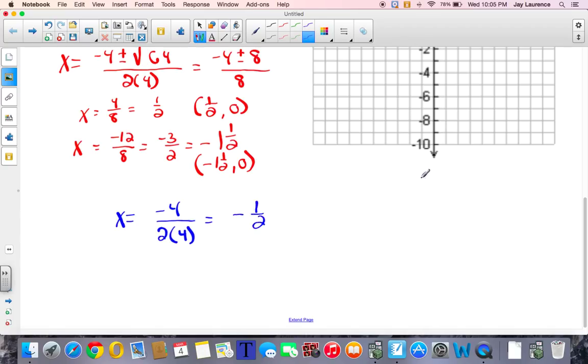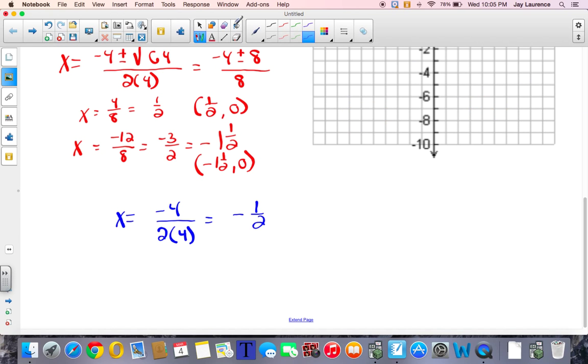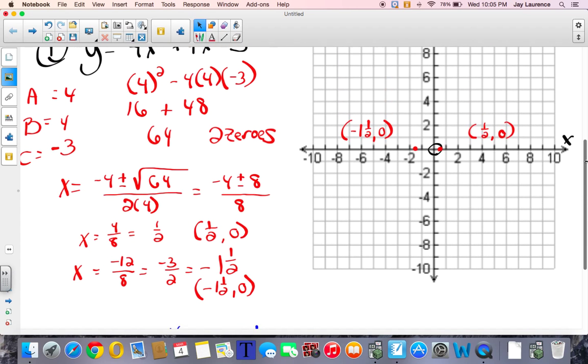Yeah. Prove it to you. Symmetry. The parabola is very symmetric. This is 1/2. This is -1.5. We're looking for the midpoint between -1.5 and a half.